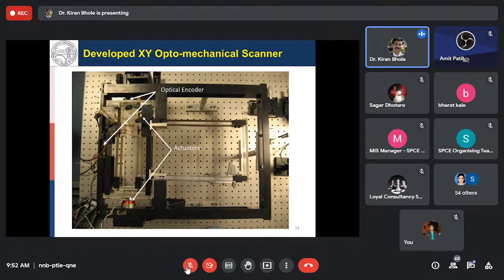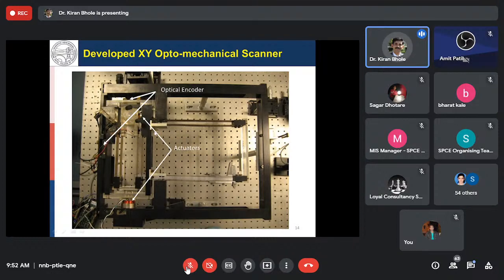If you use some other actuator such as a stepper motor or servo motor, there will be friction involved with the components, and that may affect the direction of the force. To avoid that, voice coil actuators are used here, and you can see that this inner body is connected to this actuator. The force comes onto this body and thus it moves.